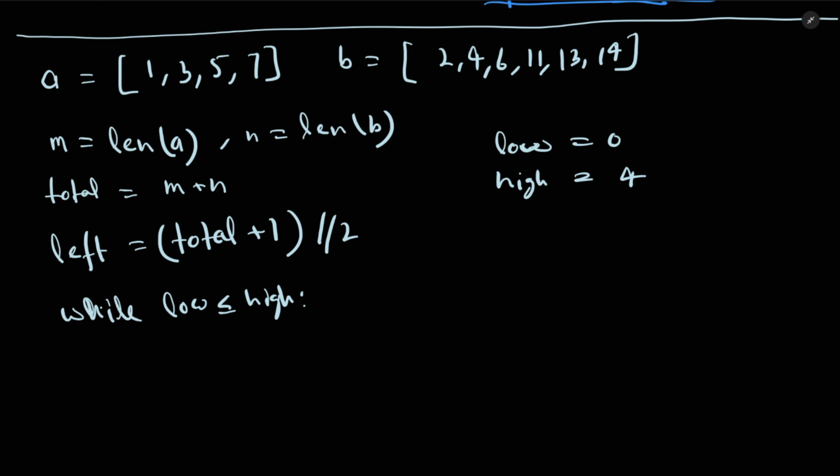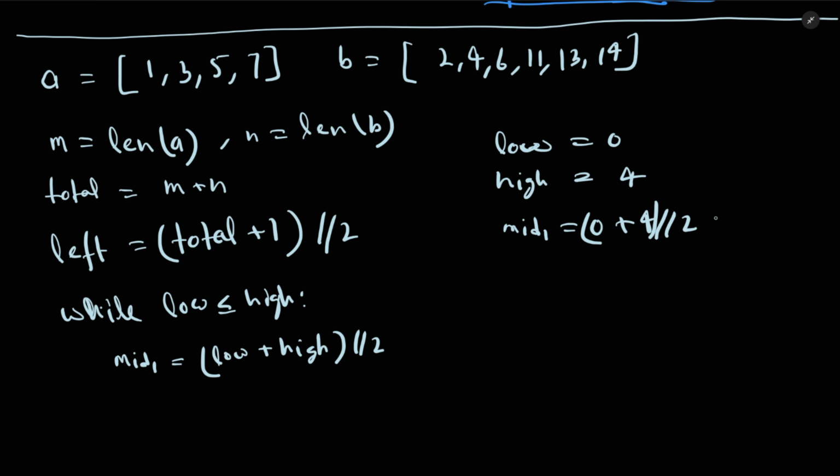Now I need to calculate the mid. So mid will be low plus high divided by 2. In this case, mid 1 will be 0 plus 4 divided by 2, and this will give me 2.